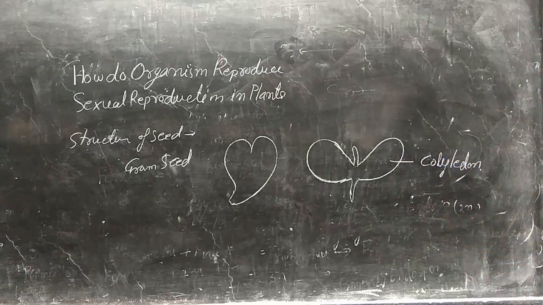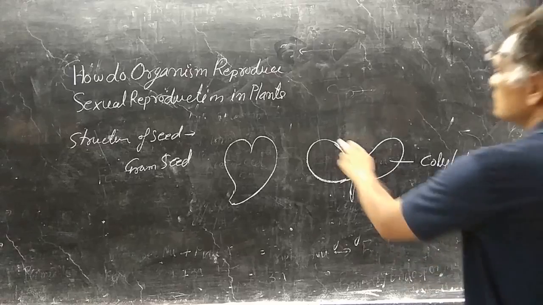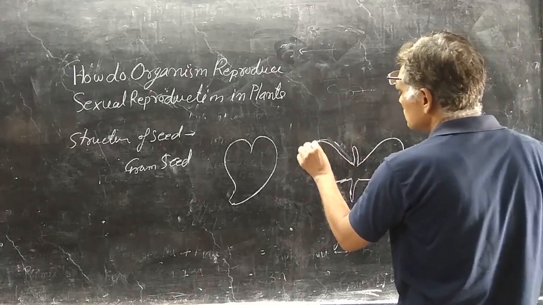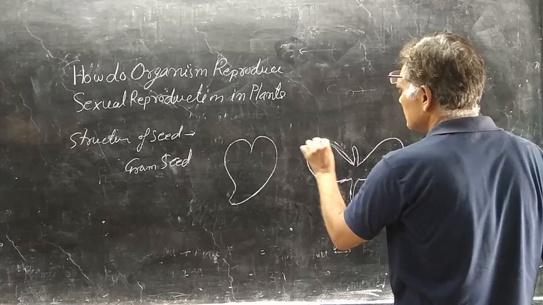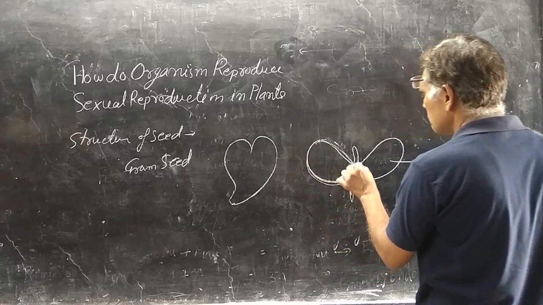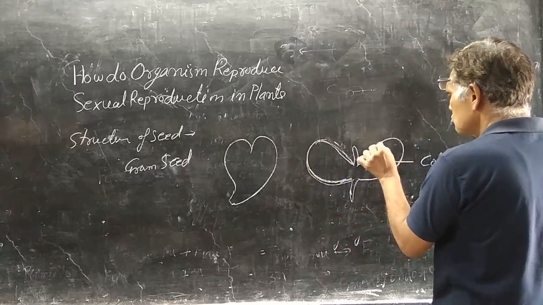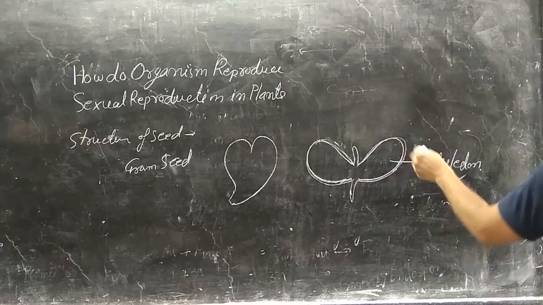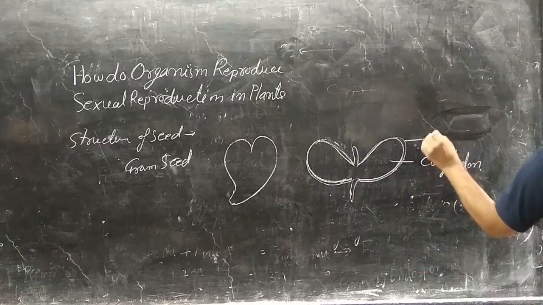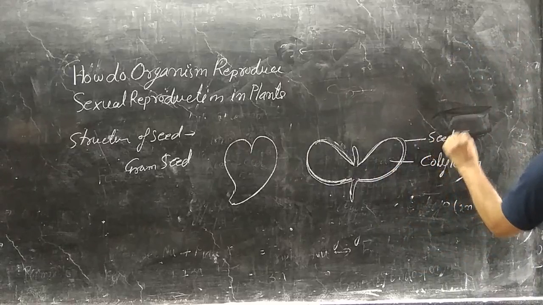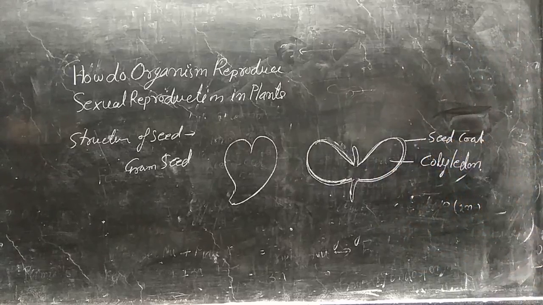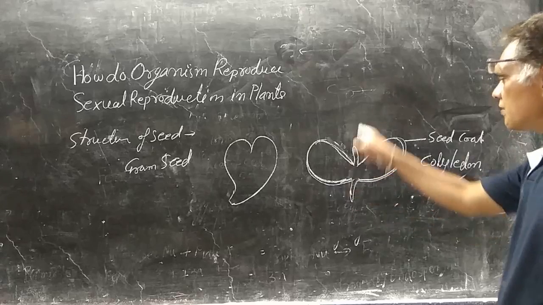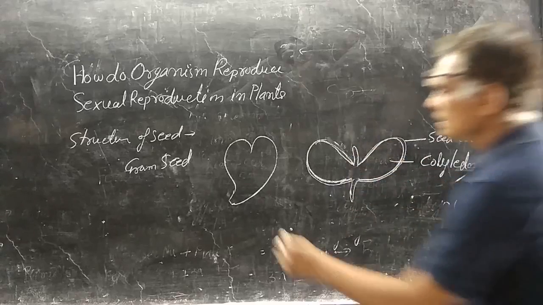Inside the cotyledon, the storage food material is there, which helps in the development of the new seedling. Storage food material होता है जो seedling के development में काम करता है. Cotyledons are covered by two coats, testa and tegmen, that is the seed coat. This is the seed coat, and this central portion is known as the embryonal axis.